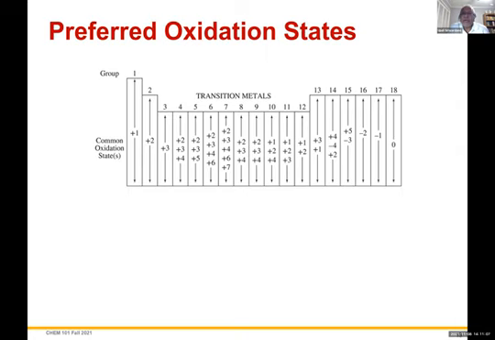Transition metals always use more than one charge. Therefore, a redox reaction involves a change in the oxidation state by gaining or losing electrons. So this diagram provides you with the different possible oxidation states for different metals.